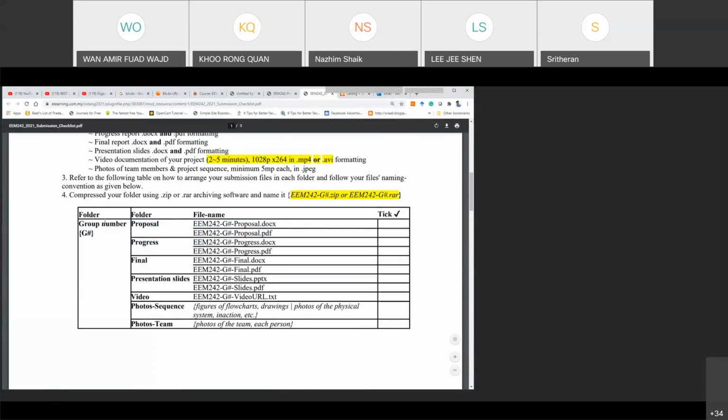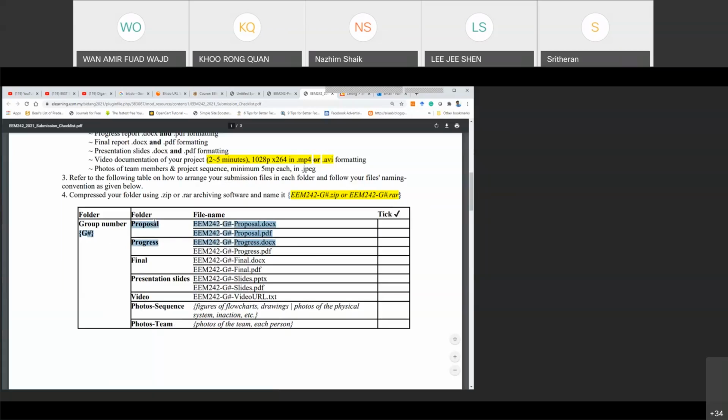The name of the main folder will be your group number, and inside that you'll have these folders: proposal, progress, final, presentation slides, video, photo sequence, and also photo themes. As mentioned previously, these two are optional. If you have them, then you can keep them together.